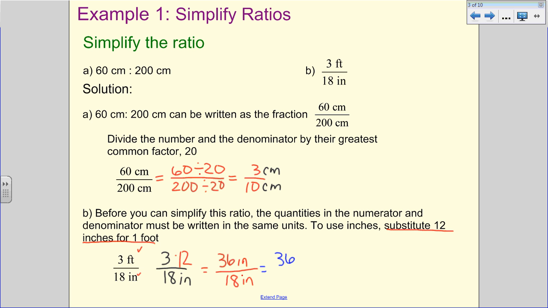And so we're going to take 36 divided by 18 and 18 divided by 18. When we do that, we get 2 to 1. And so we're going to use the units. We changed everything to inches. So it's 2 inches to 1 inch is our ratio. Because we're dealing with ratios, we're going to keep it as the fraction 2 over 1.